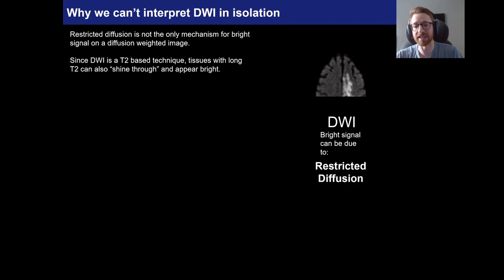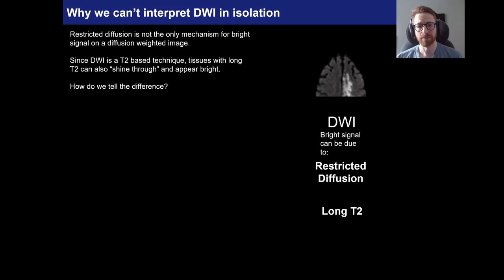The effective TE is long, and there typically is a 180-degree radiofrequency pulse positioned halfway between the 90 and that effective TE. So that means that if we have tissues that have a very long T2, they're going to also potentially appear bright on the diffusion-weighted image. So we need to figure out some way to tell that apart.